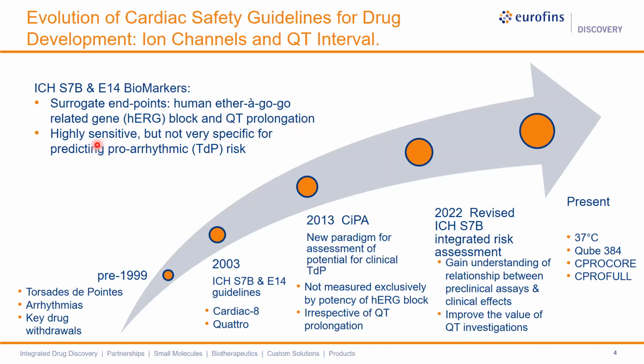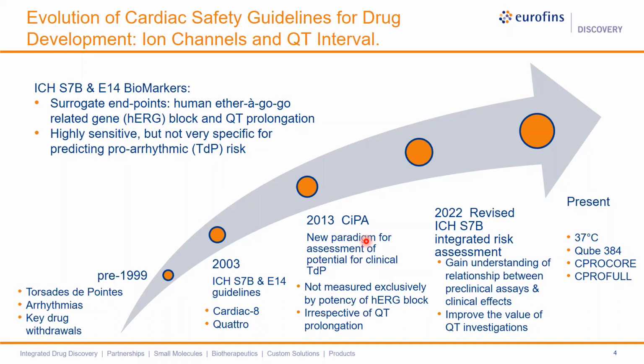These biomarkers were highly sensitive, but not very specific for predicting arrhythmia risk. Then during the 10-year review, the FDA invited all the big pharma and some opinion leaders from the CiPA consortium. And what is CiPA about?